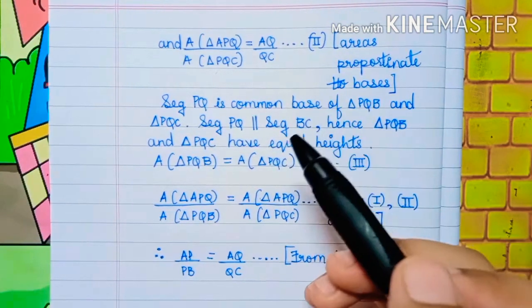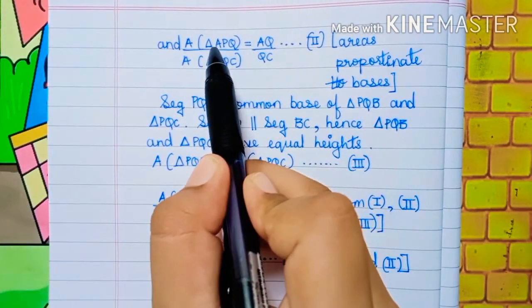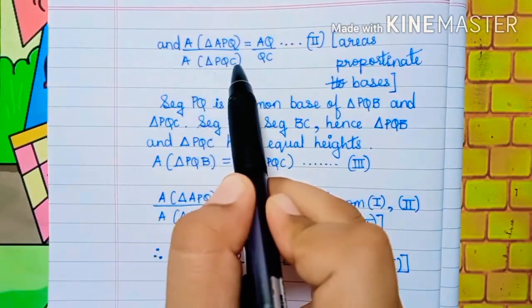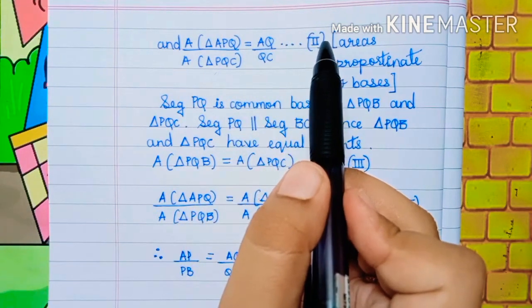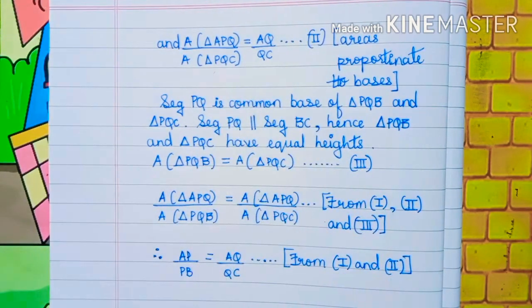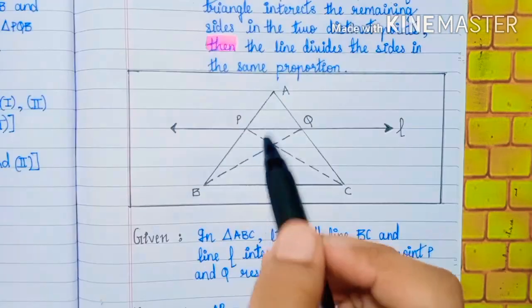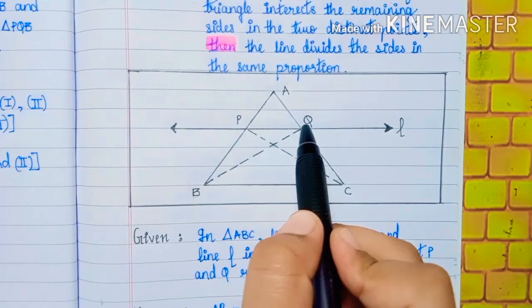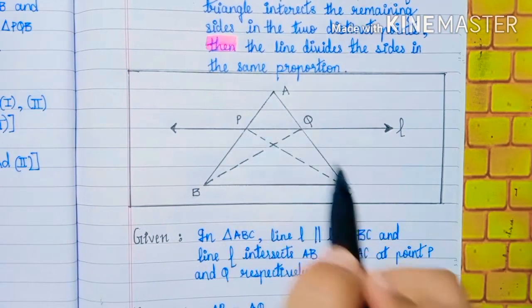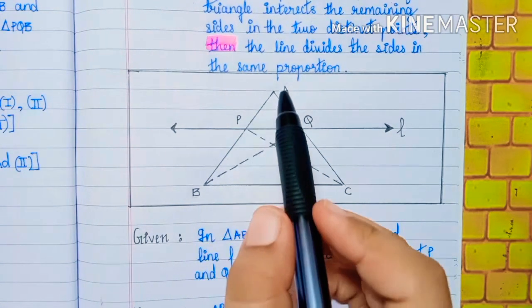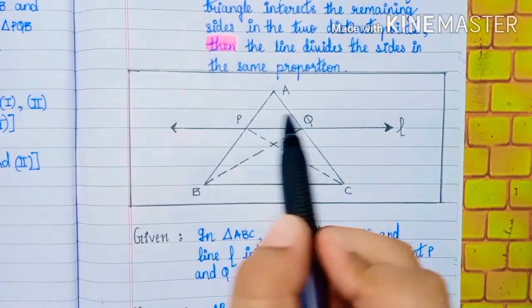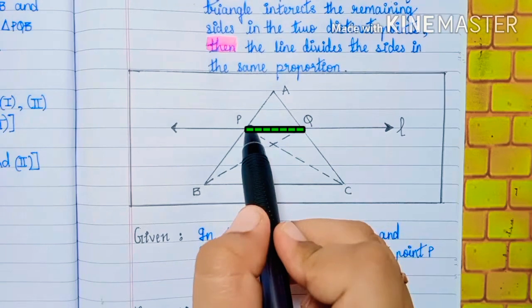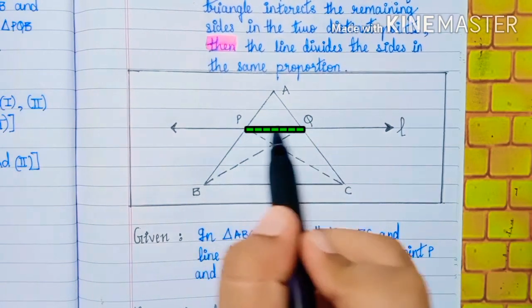That is, again in this triangle APQ and PQC, the heights are equal. Let us see in the diagram. So here in the diagram, this is triangle APQ and this is triangle PQC. So triangle APQ's height is PQ and triangle PQC's height is also PQ.